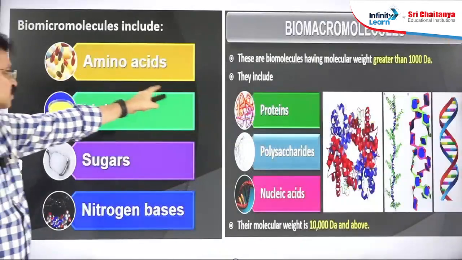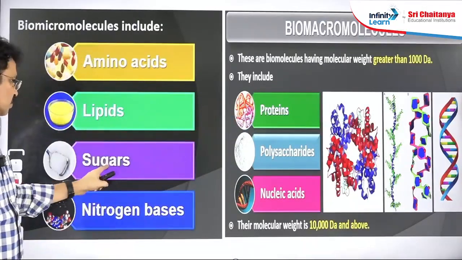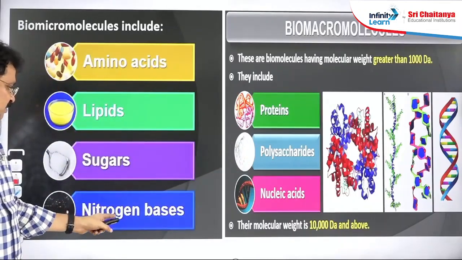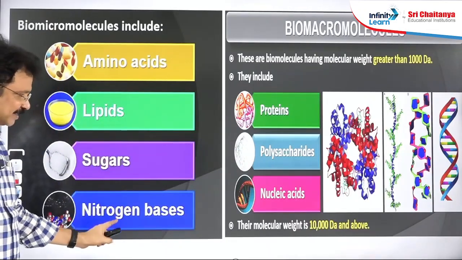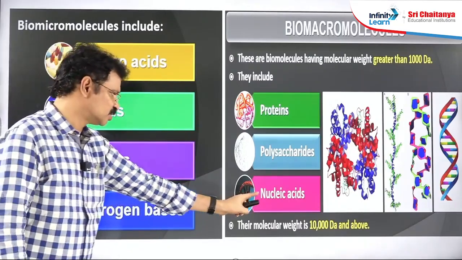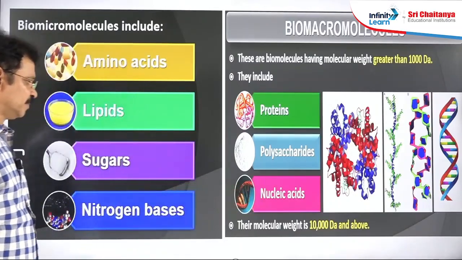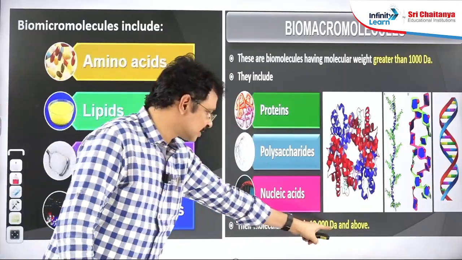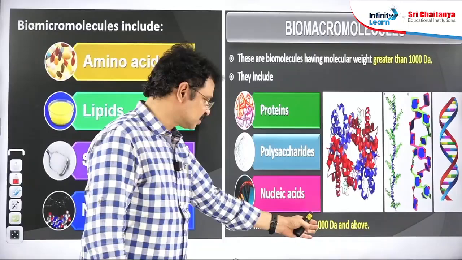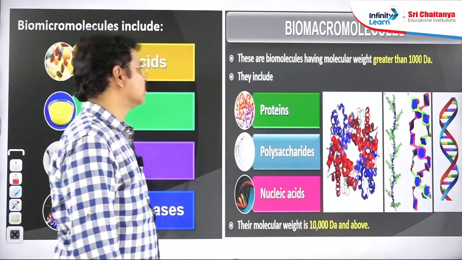Amino acids are the structural units of protein. Sugars are the structural units of polysaccharides. Nitrogen bases and nucleotides or nucleosides are the building blocks of nucleic acids like DNA and RNA. Their molecular weight is greater than 1000, sometimes more than 10,000 or 1 lakh Daltons or above.